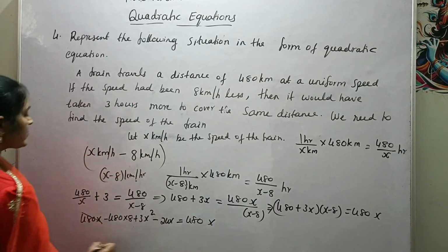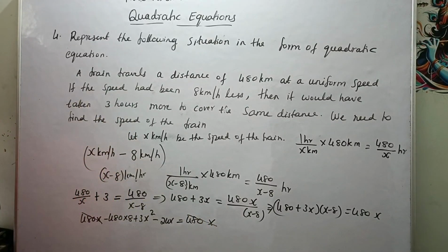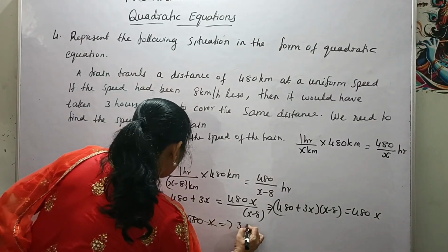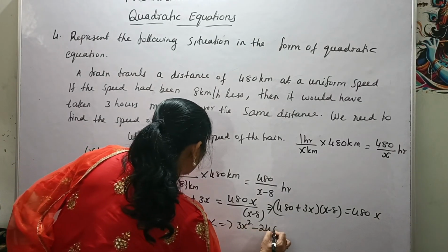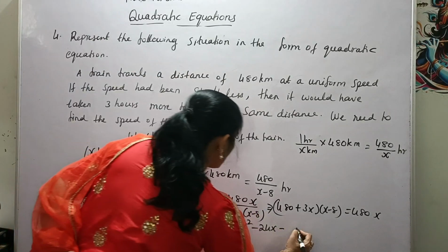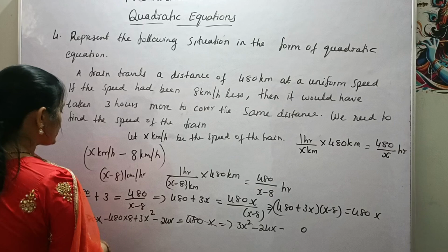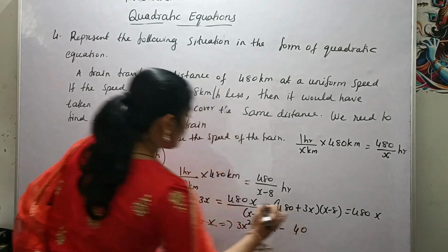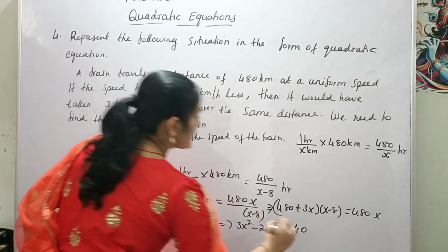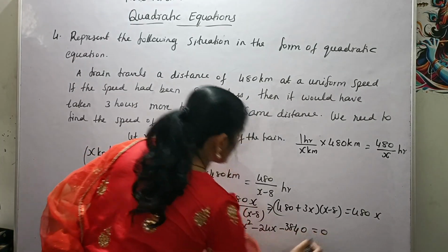See here, 480x cancelled. This implies 3x square minus 24x minus 3840 is equal to 0.